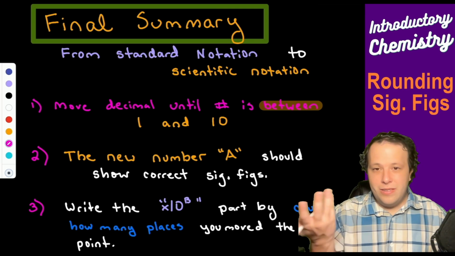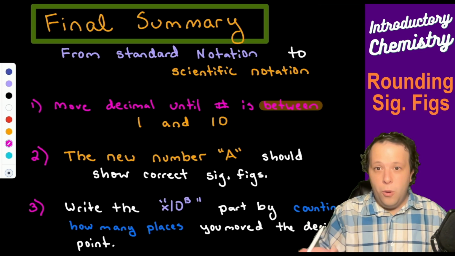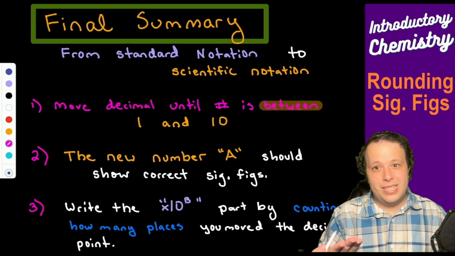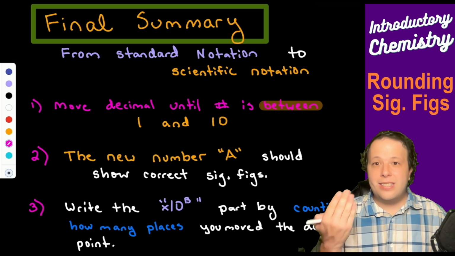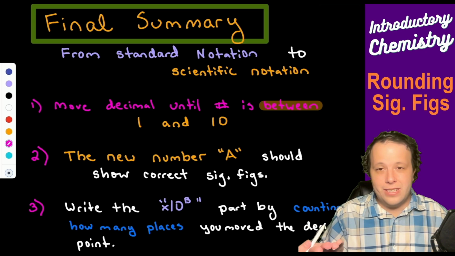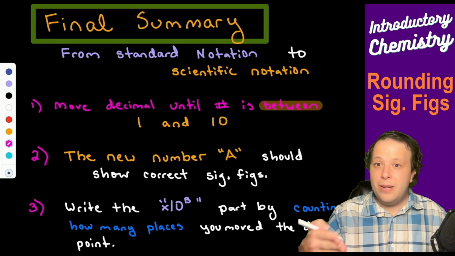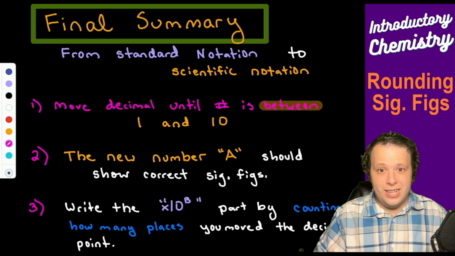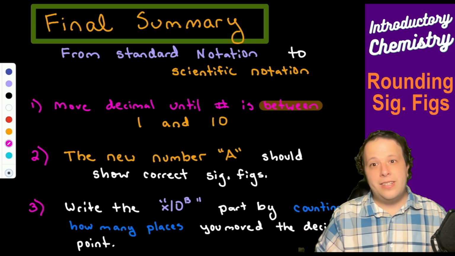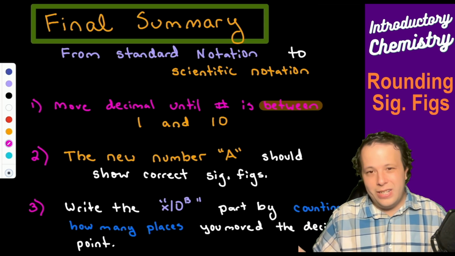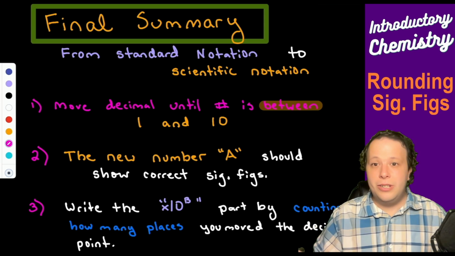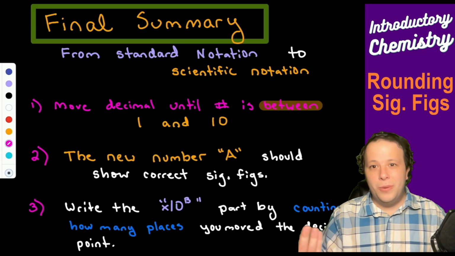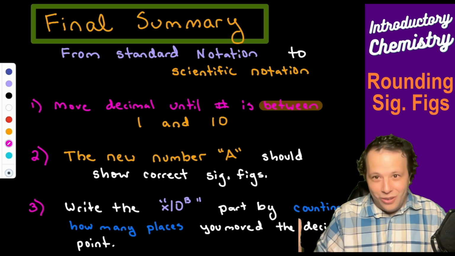The new number, let's call it A, should always show the correct number of sig figs. And that's the important thing, is we are always showing significant figures, especially if you're someone that has to do general chemistry 1, 2, and maybe your science major. You're always going to be doing sig figs throughout your entire career. Even if you're working as a health professional, you need to show the correct number of sig figs when you're giving out medicines and doses and all those kinds of things as well.